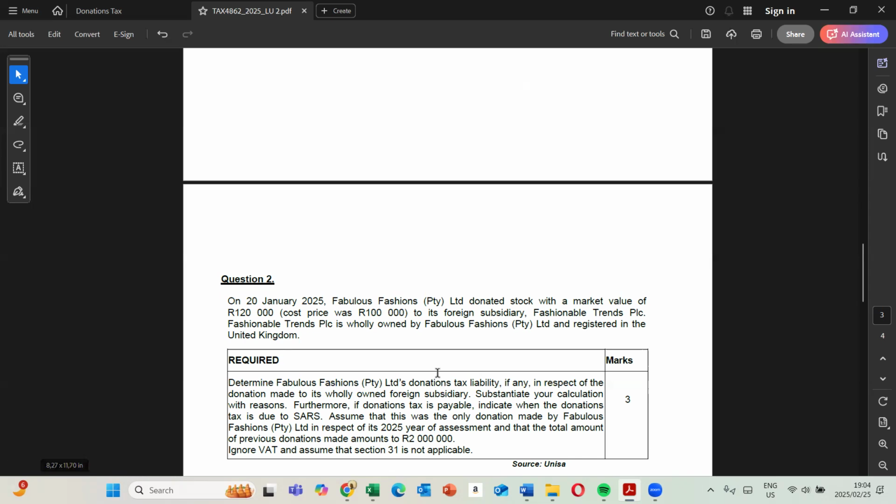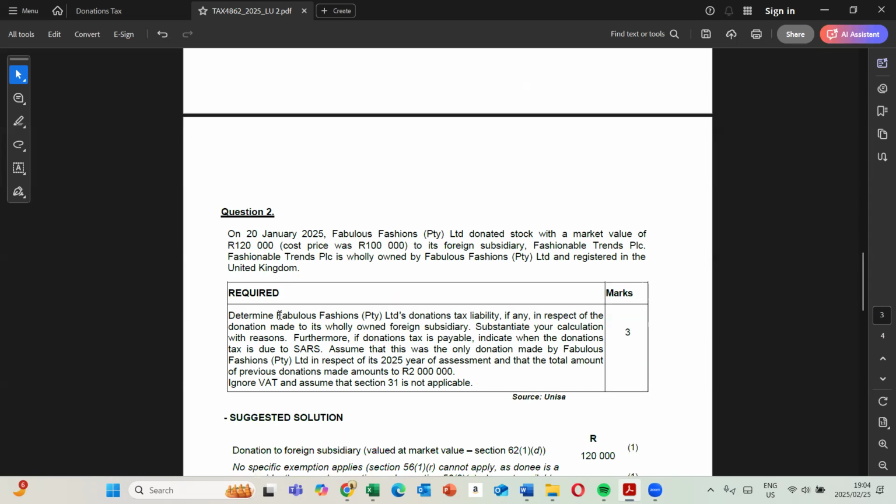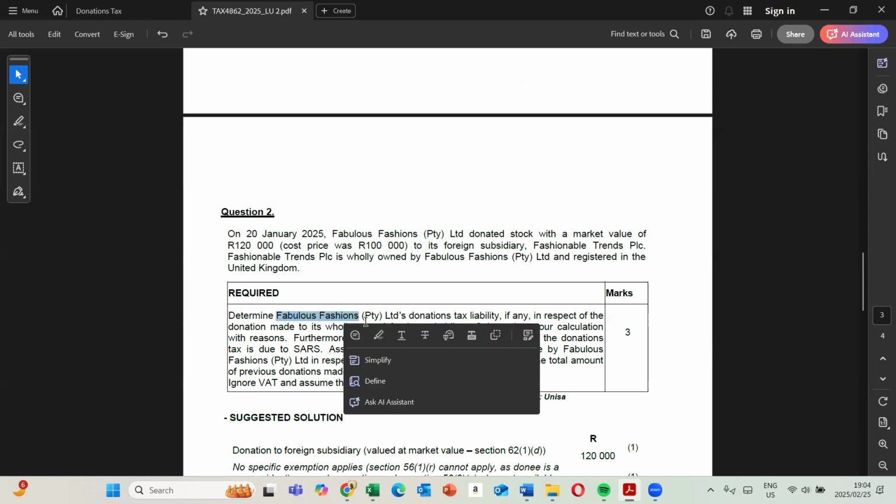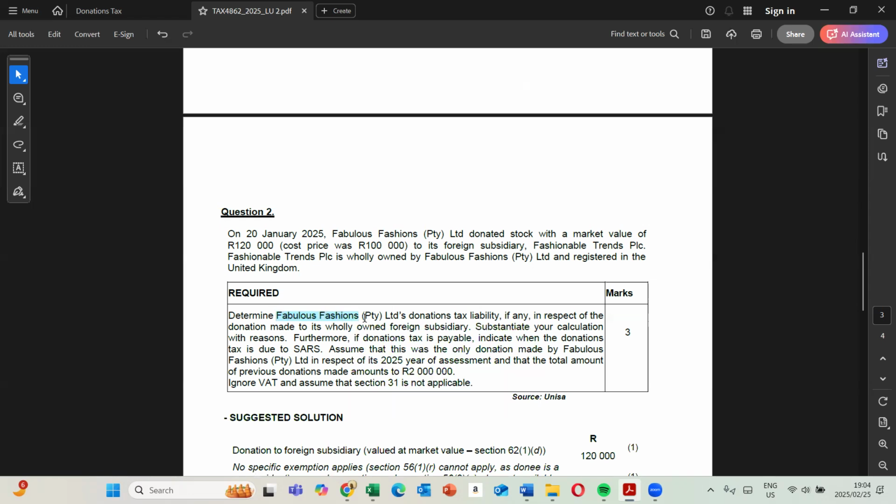All right, let's look at this one. Determine Fabulous Fashions' donations tax. Do you see now? We're now dealing with a company. It's no longer John. This is now a company. So, Fabulous Limited: determine the donations tax liable, if any, in respect of the donation made to its wholly owned subsidiary. Substantiate your calculations with reasons.